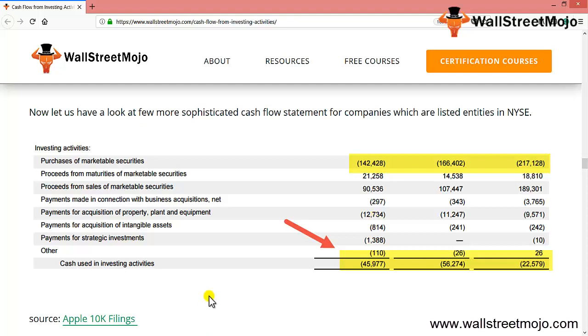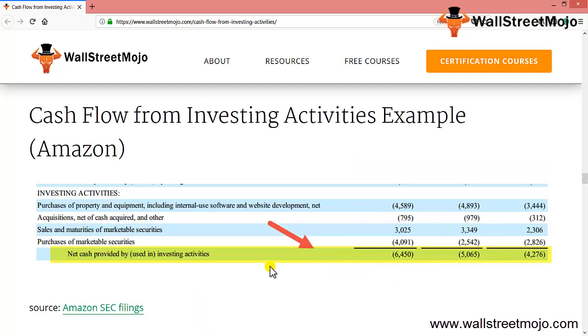Then we can take another example of Amazon. Now let's interpret the above cash flow from the investing activity and how indicative it is of the situation of the company. Some important points of Amazon's cash flow from the investing activity are as follows. Amazon is continuously investing in the purchase of property, plant and equipment, including software and web development.